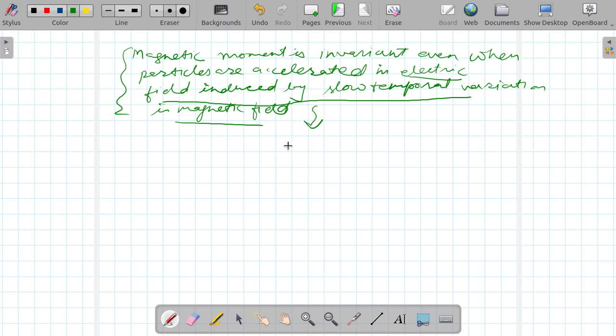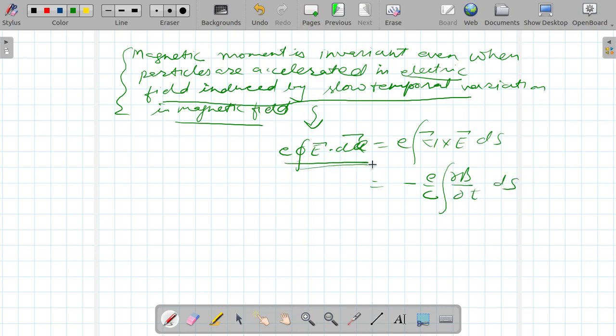This is clear from equations that this E dot dl means acceleration. This part is causing acceleration, and this is caused by the slow temporal variation in the magnetic field, because basically it is equal to minus q by c curly B over curly t into dS. So that means these two terms were able to explain the statement.